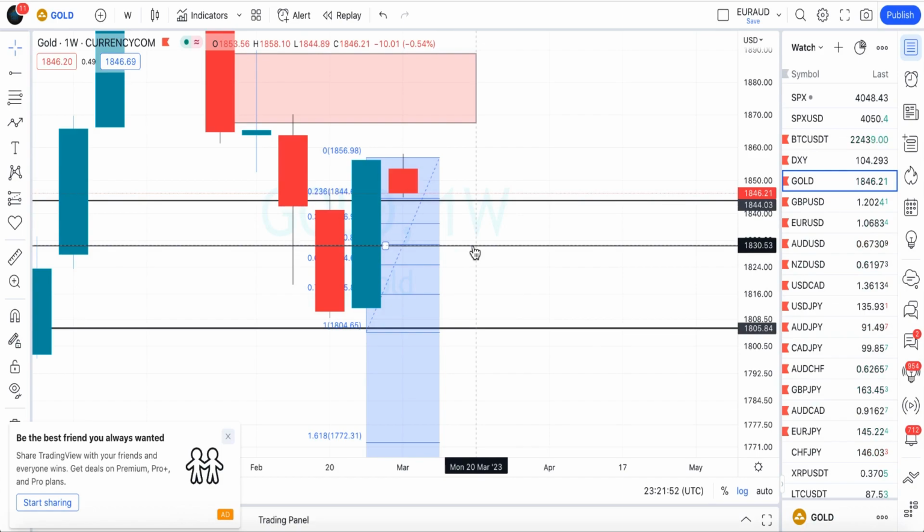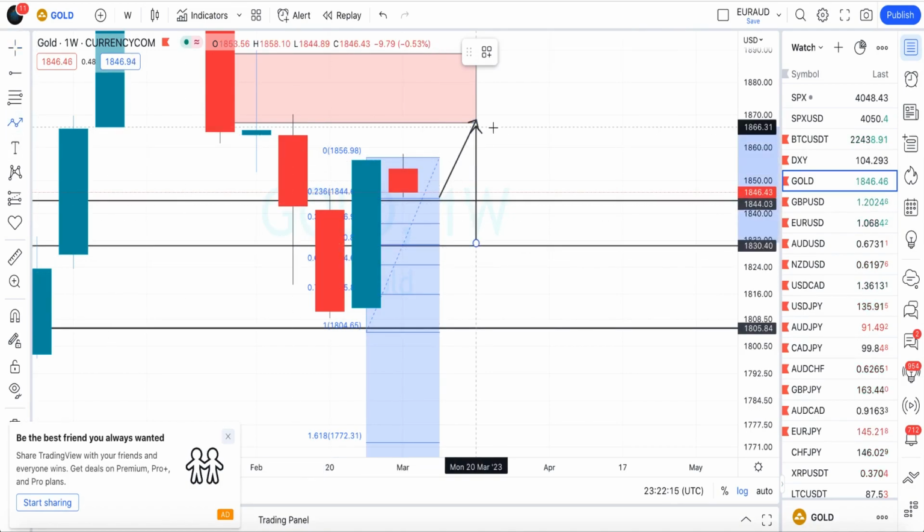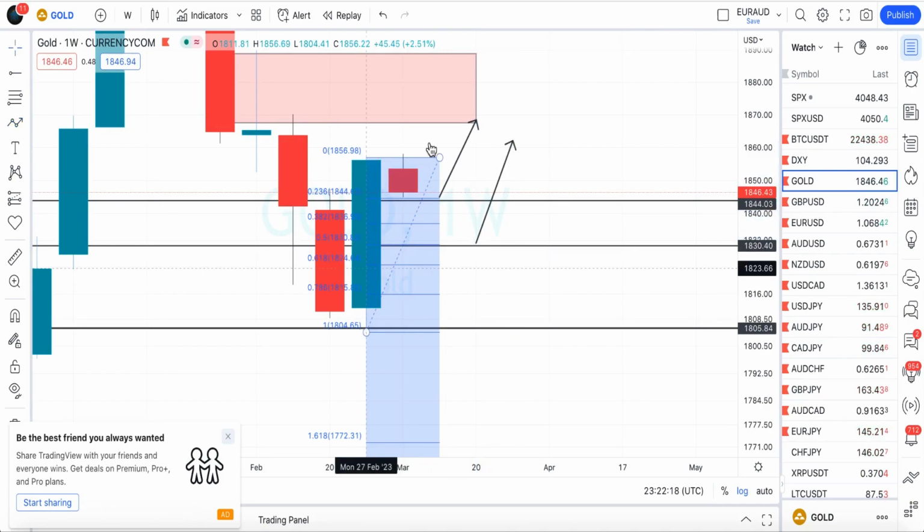The first take profit is at the 23.6 Fibonacci retracement, and the second one is at the 50.0 Fibonacci retracement level. So we might see a bounce back to the upside at this particular area, or at this particular area.